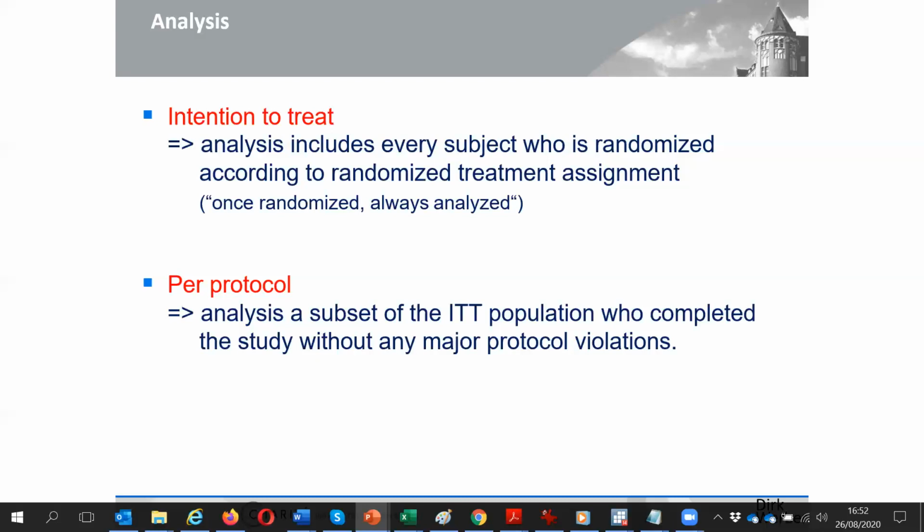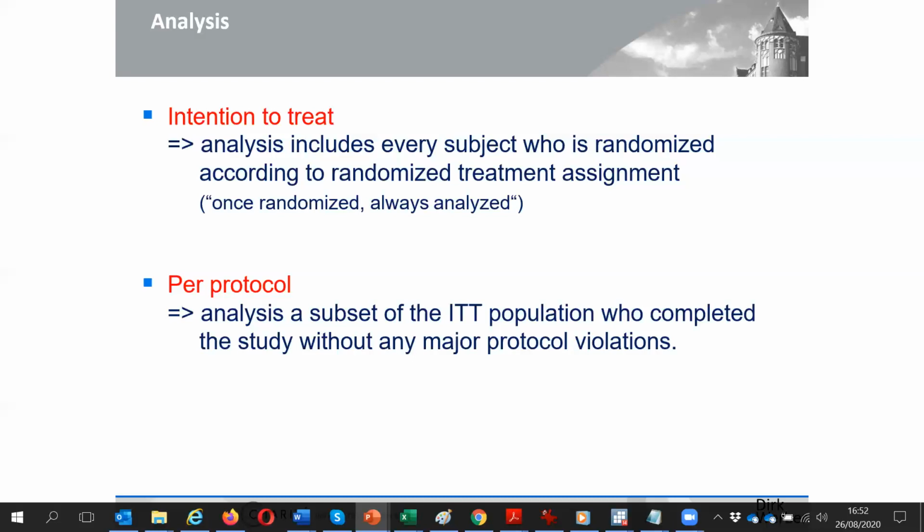You are analyzed according to where you were assigned. If you are assigned to intervention, in terms of your outcome, you're analyzed under that. You might change during the process, but your final outcome will be analyzed based on your initial treatment assignment.